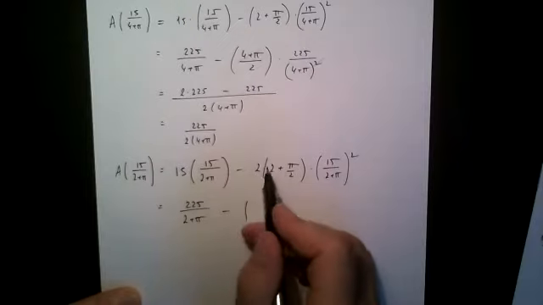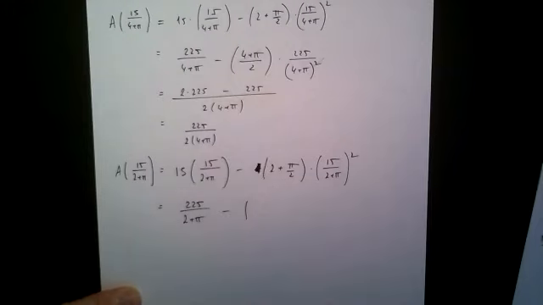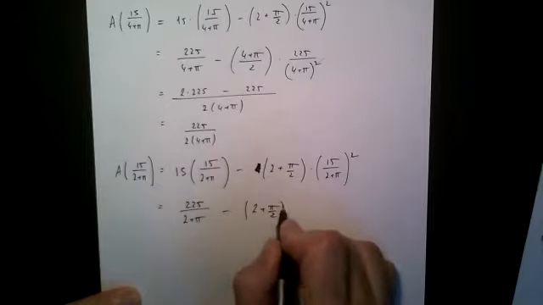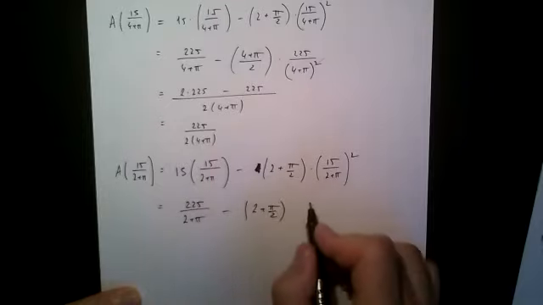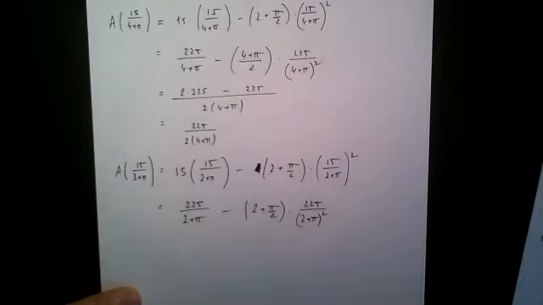No, there's no 2 here. Sorry, there's no 2 here. So 2 plus pi over 2 times 225 over 2 plus pi squared. Okay, whatever that value is.